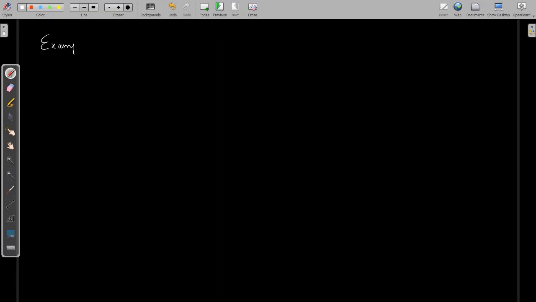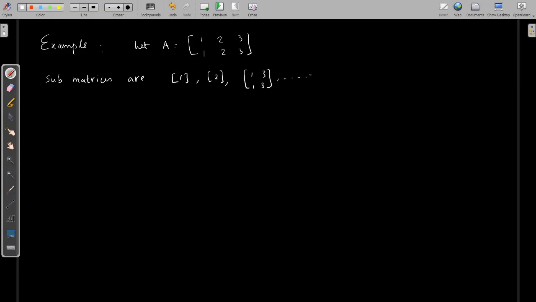Now we can see an example. Let me take A equal to a simple matrix, 1, 2, 3, 1, 2, 3. It contains only 2 rows. Then there are a number of submatrices, a matrix of order 1, that is 1, 2, 1, 3, 1, 3, and so on.